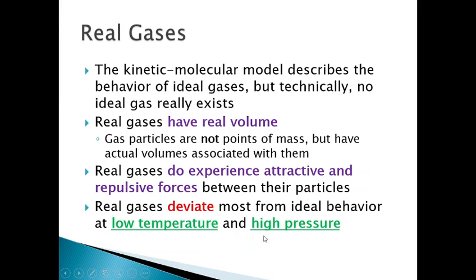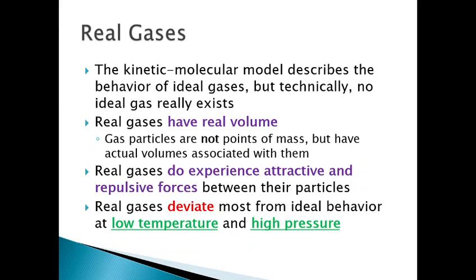What I mean by deviate most is real gases behave more real and less like ideal gases at low temperatures and high pressures. The deviation at low temperature is an idea you can relate back to the fact that at low temperatures, these gases move around much slower.